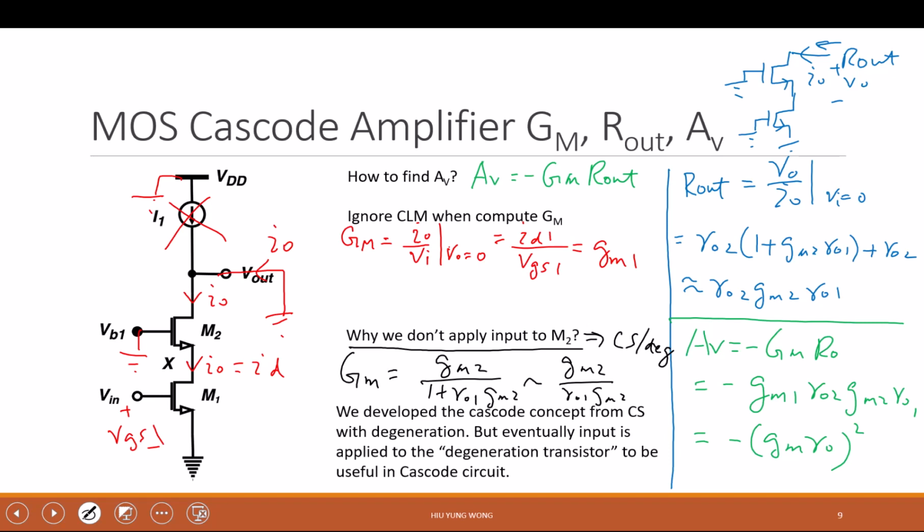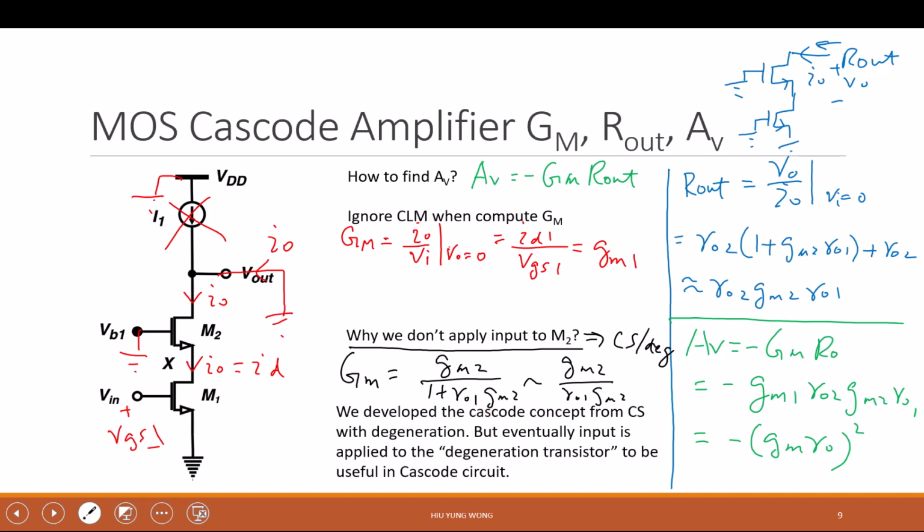Okay, is that clear? A little bit confusing, right? But we have been using common source with degeneration to explain that the output impedance is going to increase. Eventually, the Cascode actually has the input applied to the degeneration transistor of a common source amplifier. Just do not get confused, right?